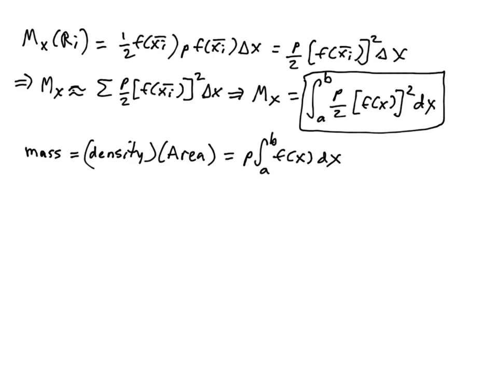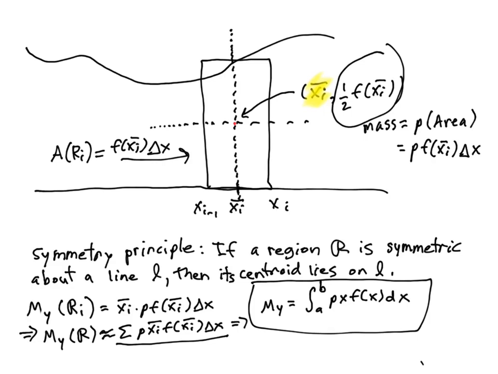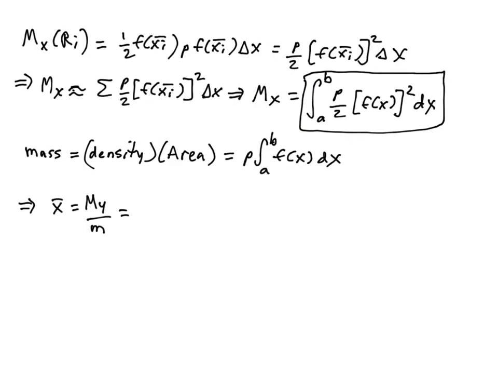So finally, we're ready to write down the formula. This implies that x bar, remember, is My over m, which is going to equal, My was the guy on the other page, so My is this guy that I boxed over here, so it's going to be that integral divided by the other integral, so it looks like this.